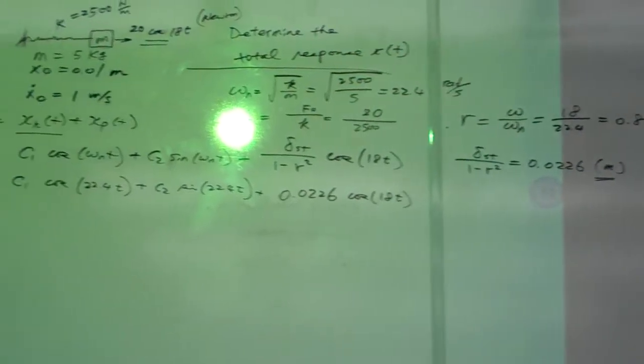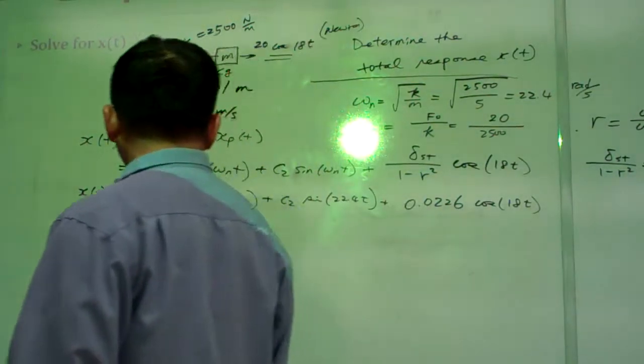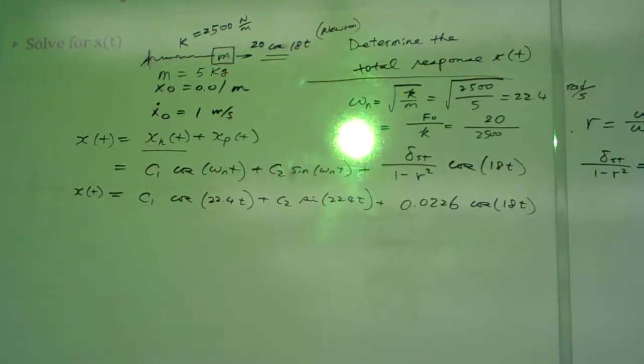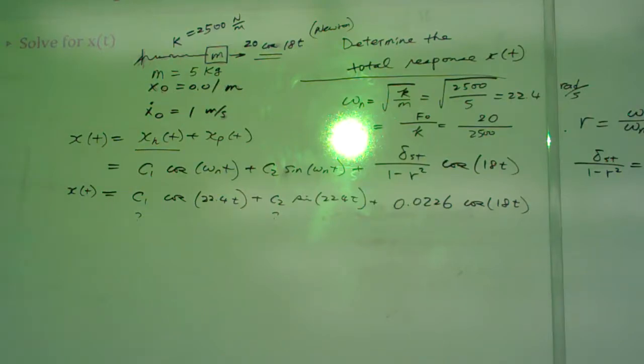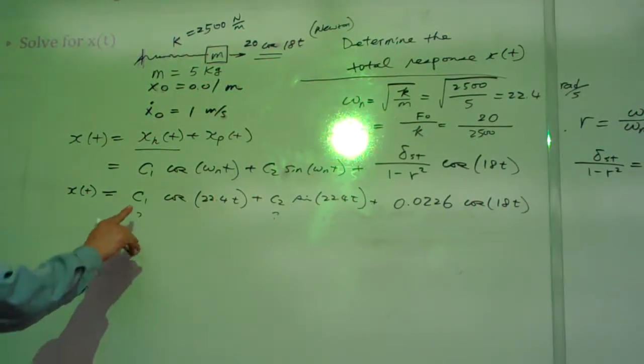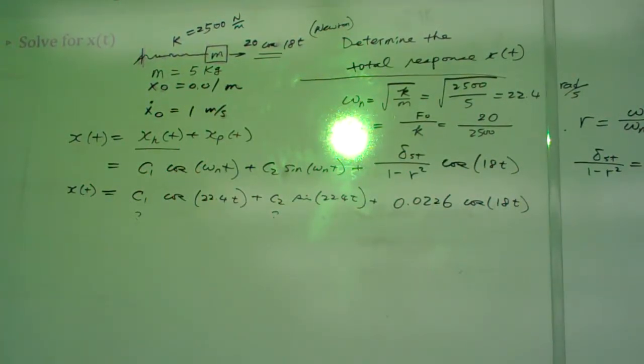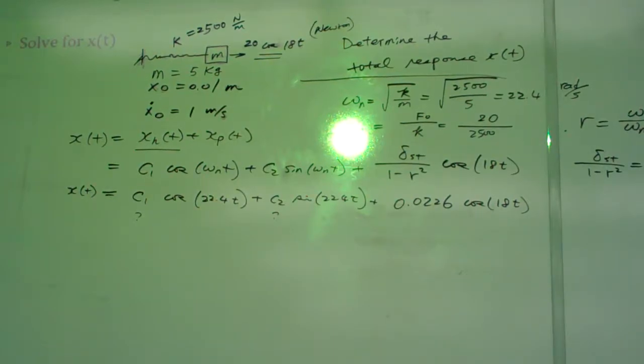So with everything here, we are ready to solve for C1 and C2. Right now we have only two unknowns, C1 and C2. Again, when we solve for those, we have to solve from the total response, not from the transient response. That is the only difference from what we learned in the exercise in chapter 2. Okay.